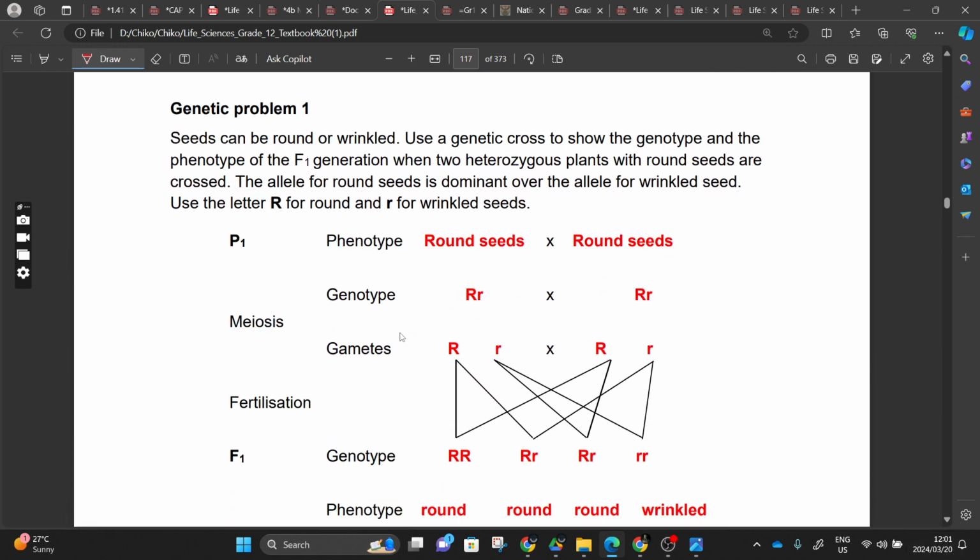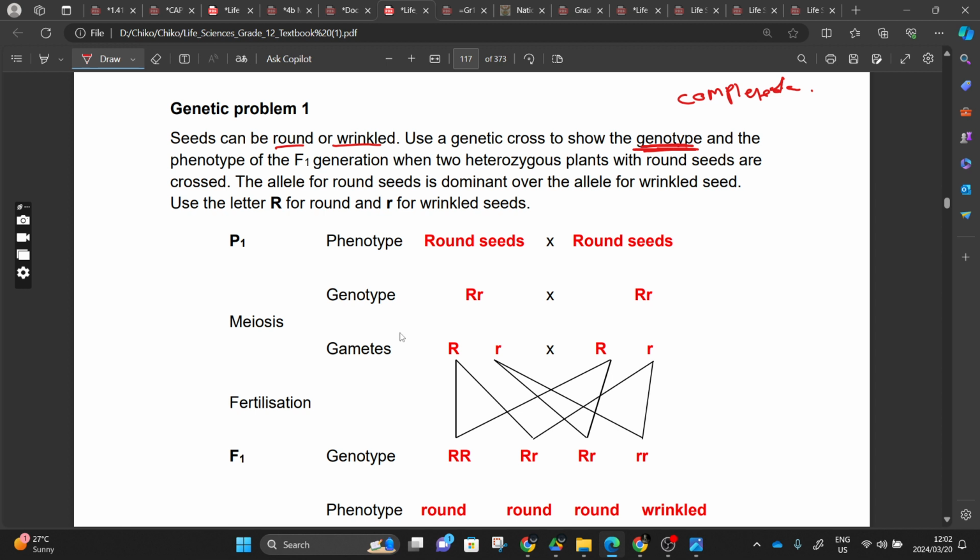And then here's genetic problem number 1. Seeds can be round or wrinkled. Complete dominant again. It's a complete dominant problem. Use a genetic cross to show the genotype. To show a genotype, it means at the end of your answer you will have to give the genotype.